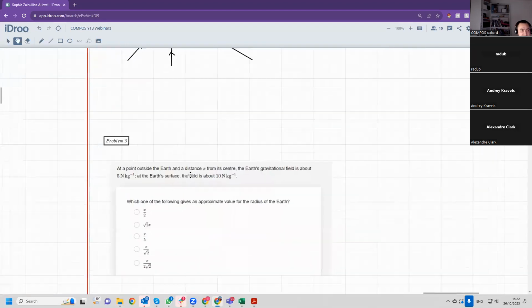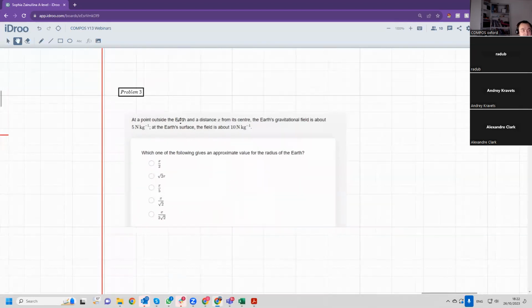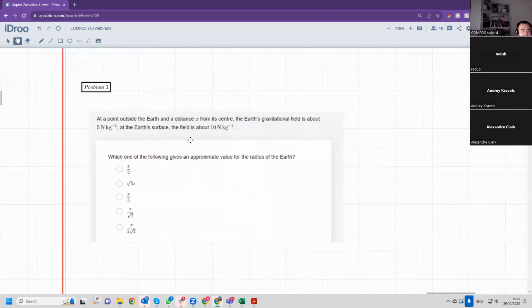So let's look at this question. At a point outside the Earth, at a distance x from the center, the Earth's gravitational field is about 5. At the surface, the field is about 10.